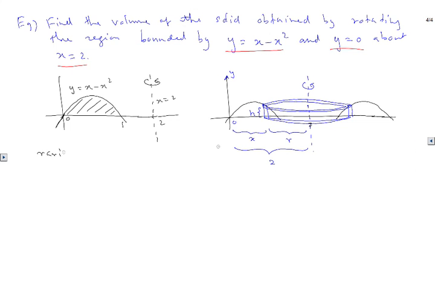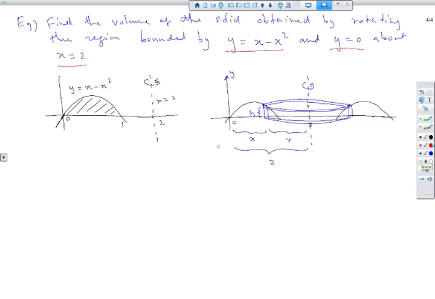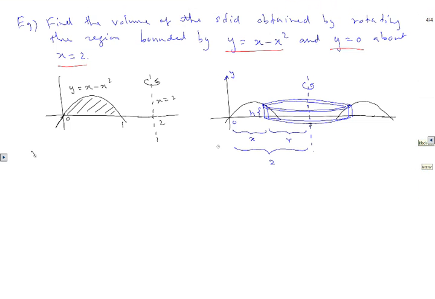So radius equals what? Radius of the cylinder. So it's equal to 2 minus x, right? So 2 minus x. That's the radius.